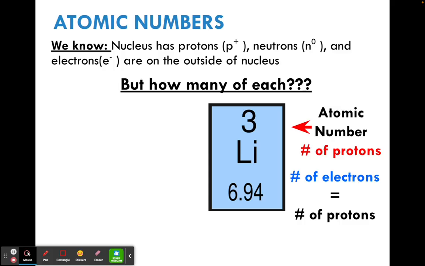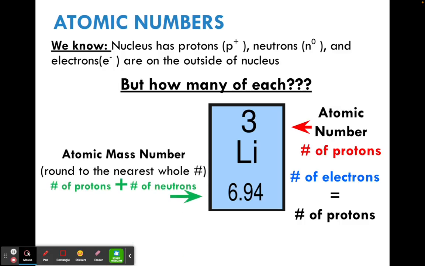So the atomic number will also be the number of electrons only in the case that you have a neutral atom. It will not be equal if you have an ion with a charge.